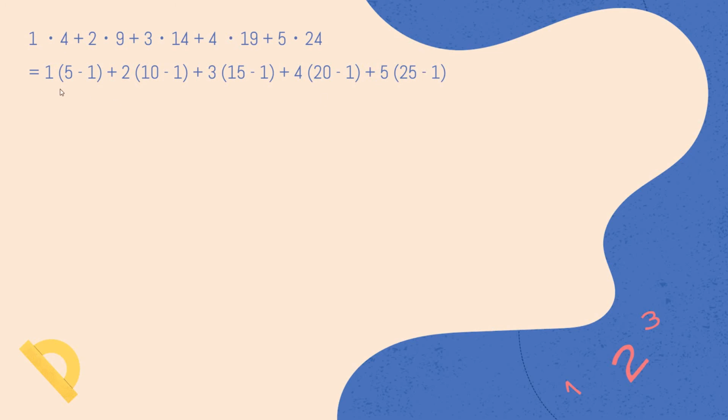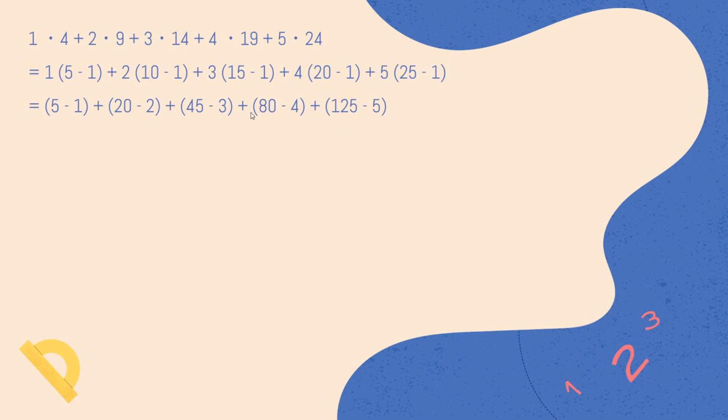So now we can just use the distributive property to get this, where we distributed 1 to 5 minus 1 to get 5 minus 1. We distributed 2 to 10 minus 1 to get 20 minus 2, so on and so forth, 45 minus 3, plus 80 minus 4, plus 125 minus 5.